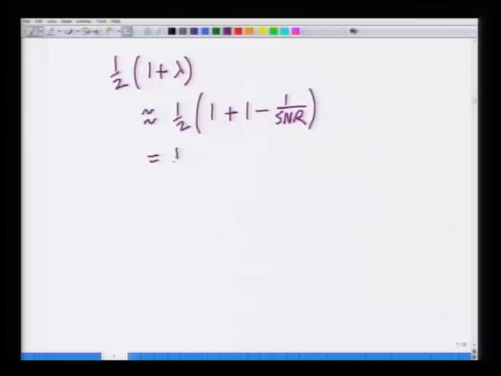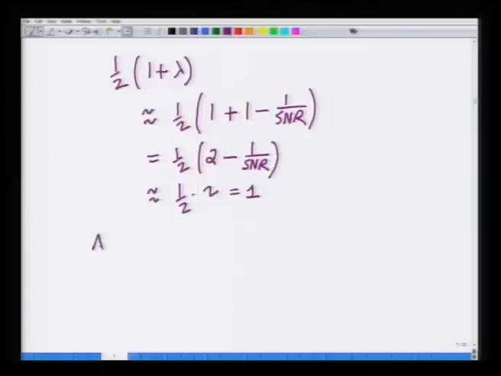This is equal to half times 2 minus 1 over SNR. As SNR increases, 1 over SNR becomes smaller and smaller, hence it is small in comparison to 2, so this expression becomes half times 2, which is essentially 1.